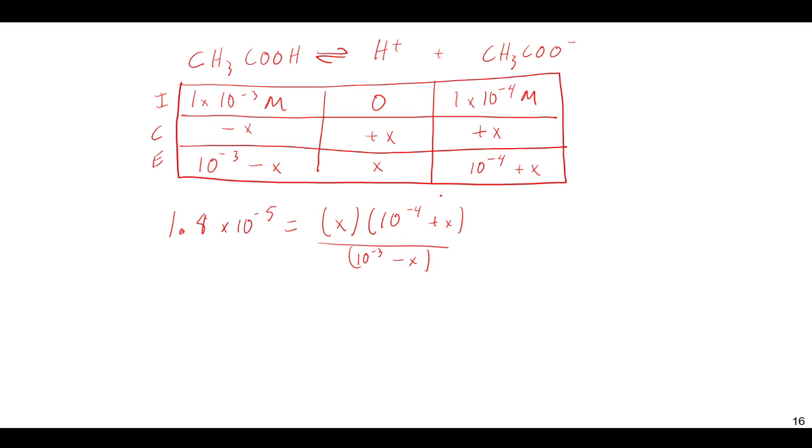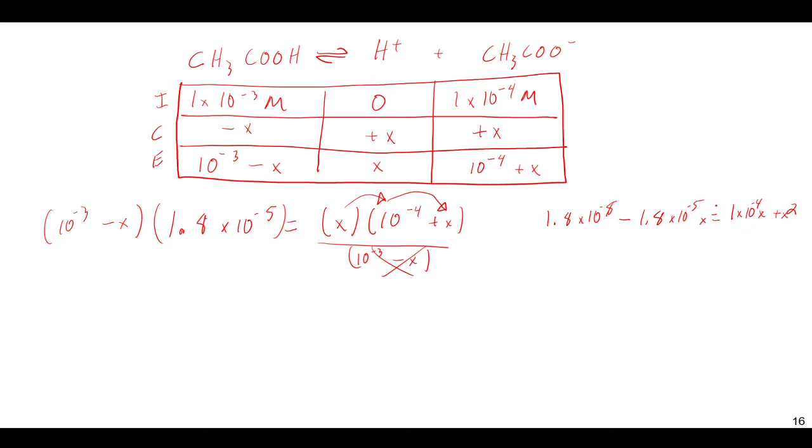Ugh, I know. If you multiply both sides of the equation by this denominator so that you get 10 to the negative 3 up on this side, and you distribute this x, you can get something that looks like 1.8 times 10 to the negative 8 minus 1.8 times 10 to the negative 5 x on the left, equals 1 times 10 to the negative 4 x plus x squared on the right.